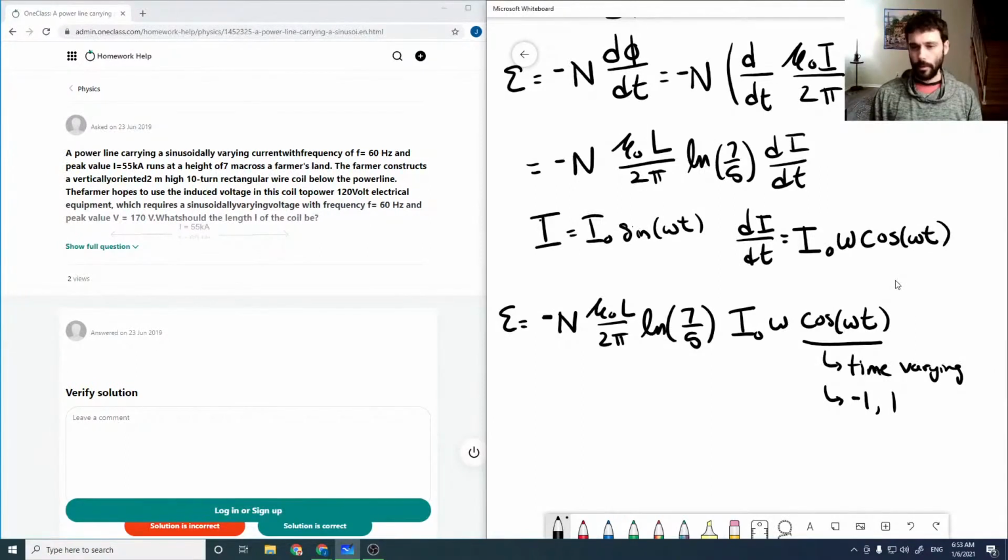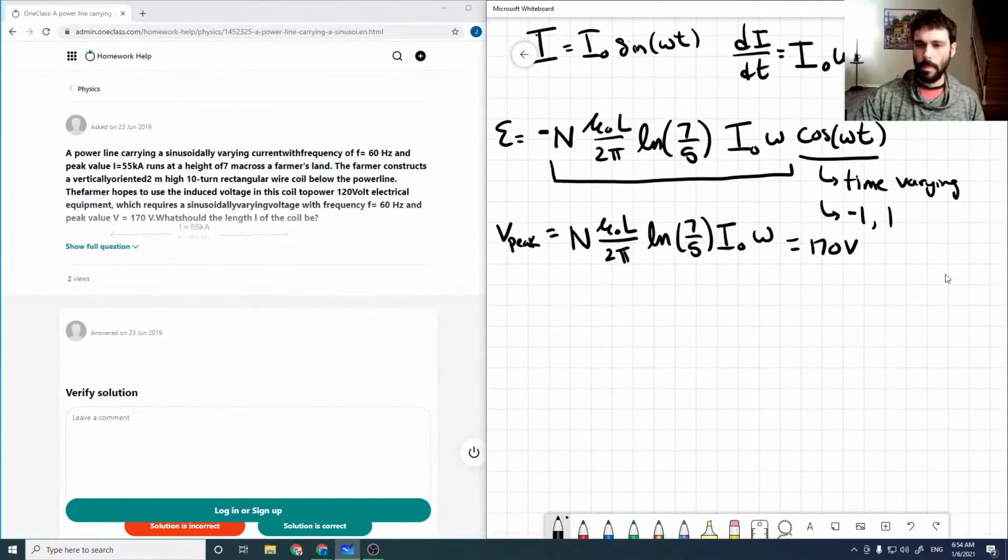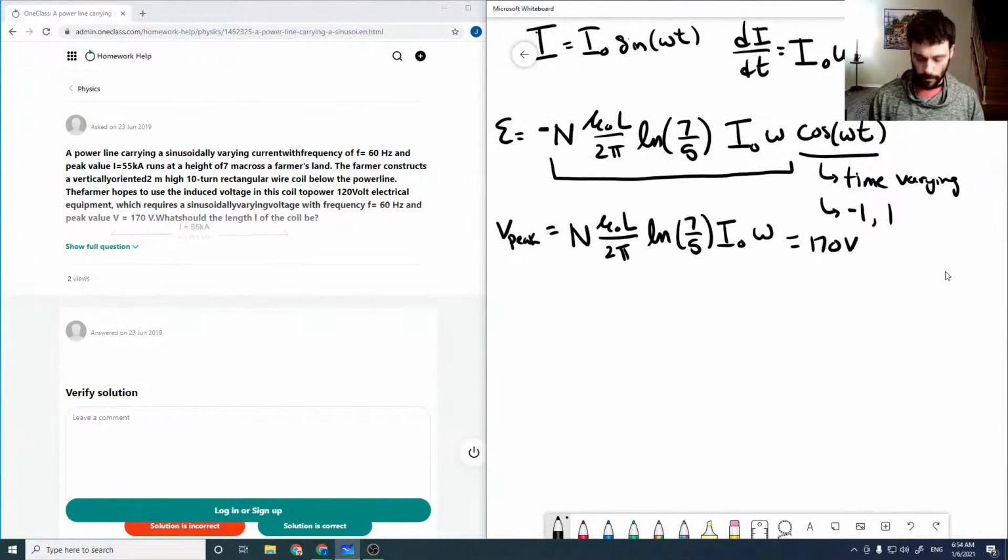And so our peak voltage is just going to be the rest of this, right? So n, so this is our max. And we want this to be equal to 170 volts. We have all of our values now, and so we can start to plug them in.